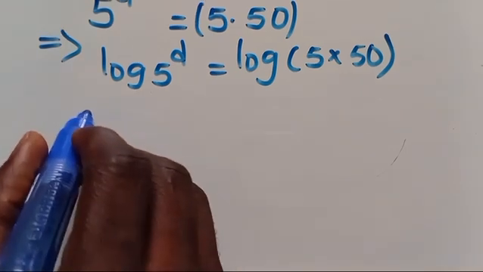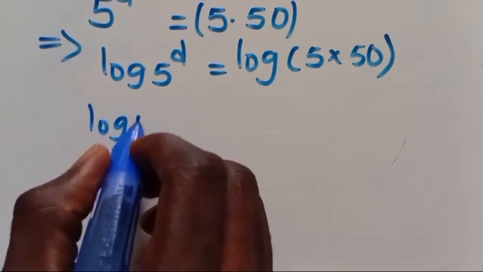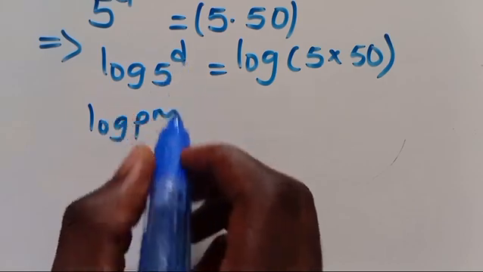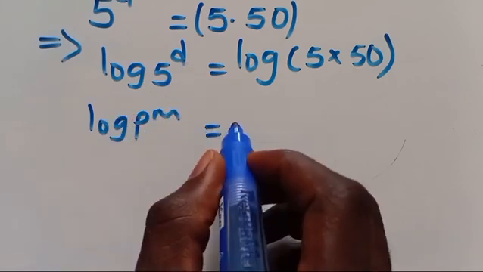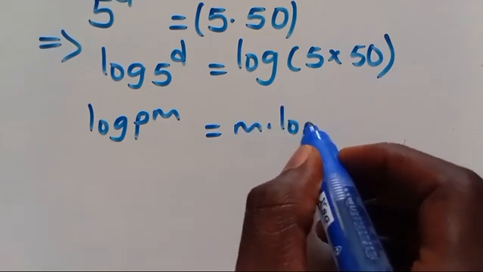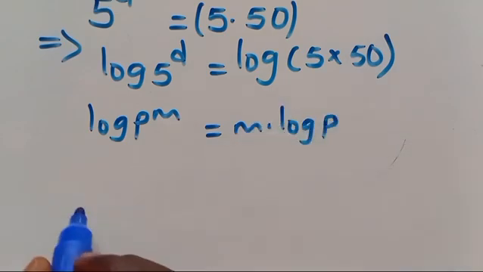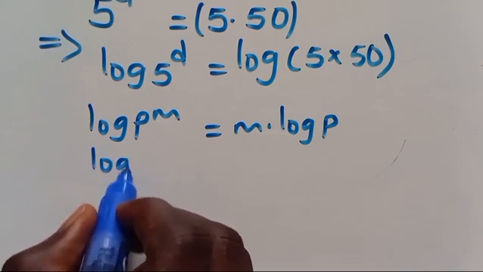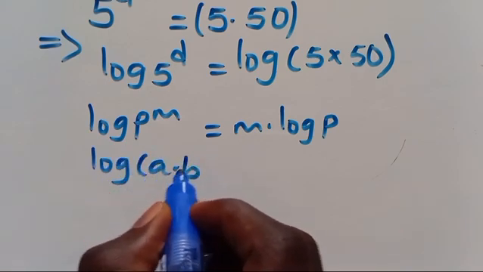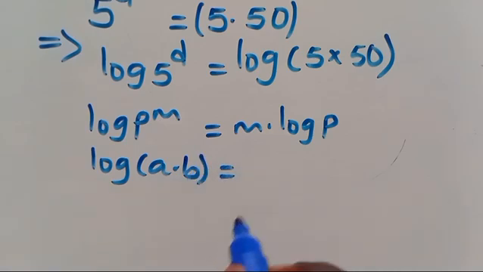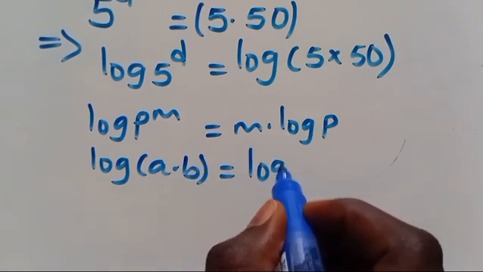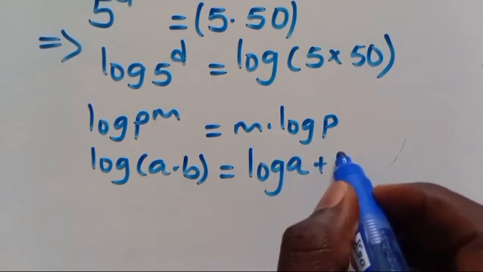Let us recall that when we have log p to the power of m, the power comes down to be m multiplied by log p. And also when we have log a times b, this is log a plus log b.